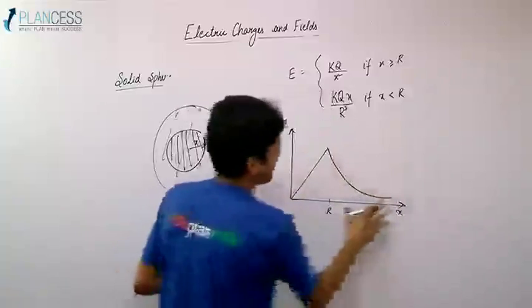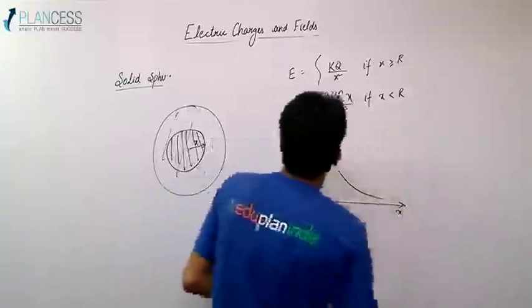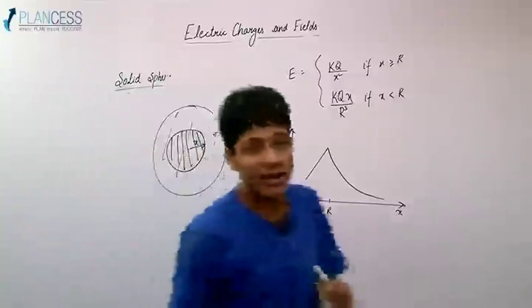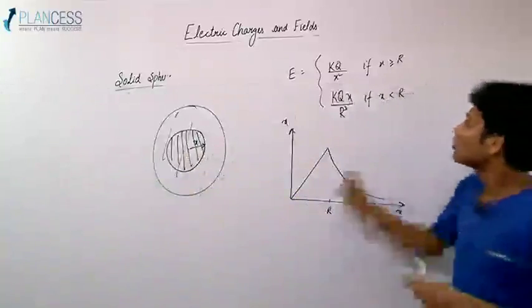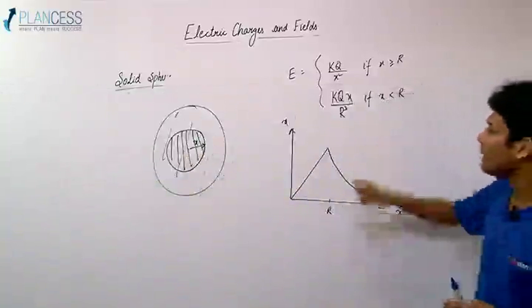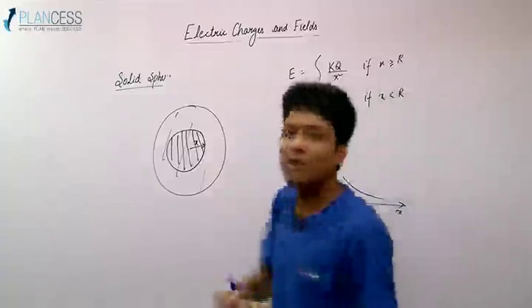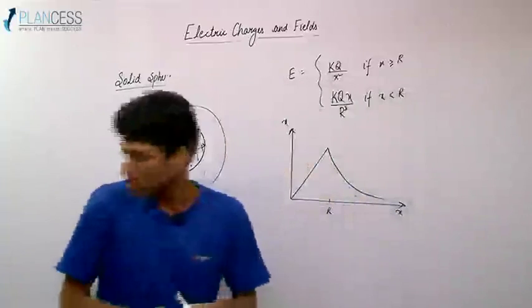So this is the graph of the electric field based upon how x, the distance from the center, varies. This is the value of the electric field when the point is inside the solid sphere, and this is the value when the point is outside the solid sphere.